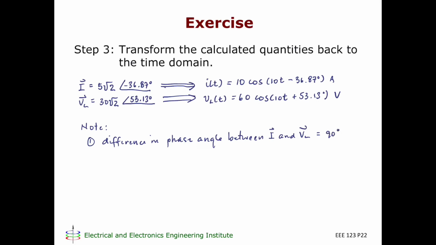This is consistent with an inductor. In an inductor, the difference in angle between the voltage across the inductor and the current flowing through the inductor will be 90 degrees. 90 degrees, no? Negative 36.87 minus 53.13, that's minus 90 degrees. The difference is 90 degrees.